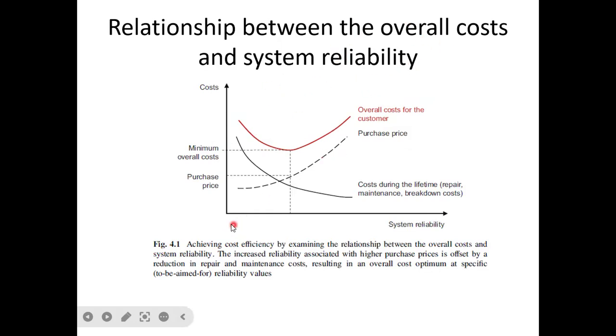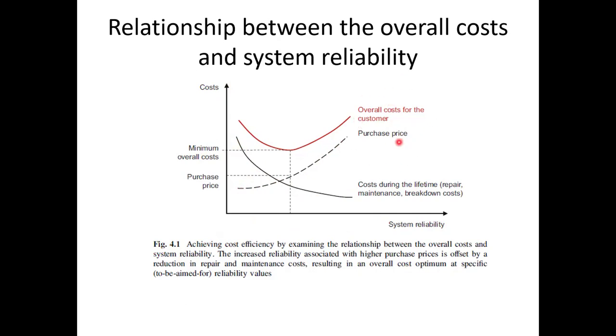On the x-axis I am taking the system reliability, which is a control factor, and cost is the response, that is the output. So here I am drawing: this is the purchase price of your device, this is the minimum overall cost, and this is the overall cost to the customer.